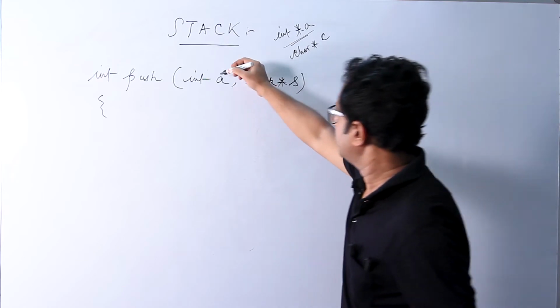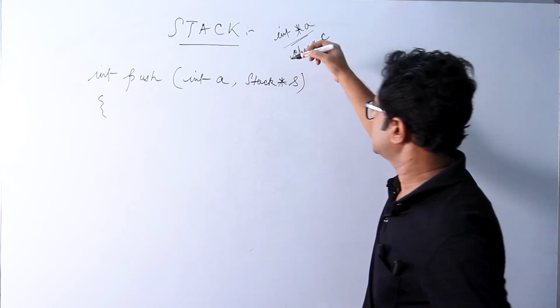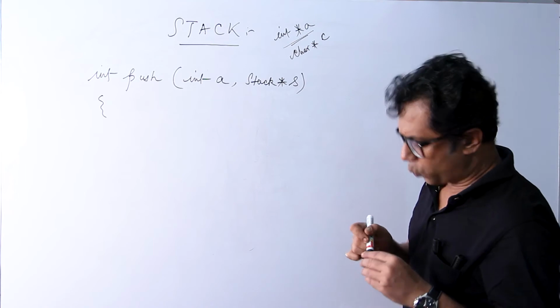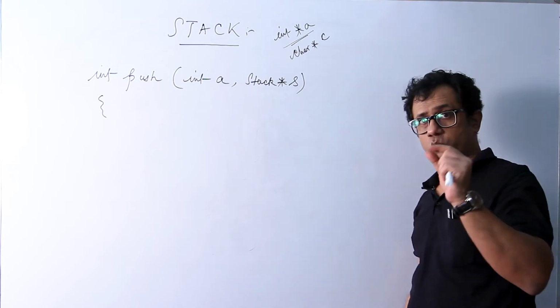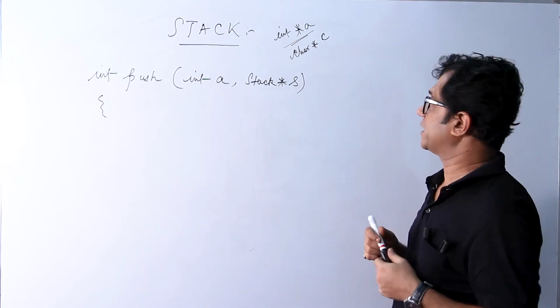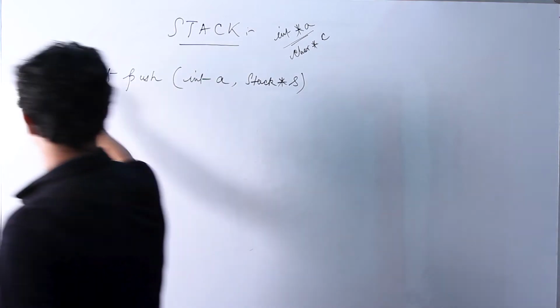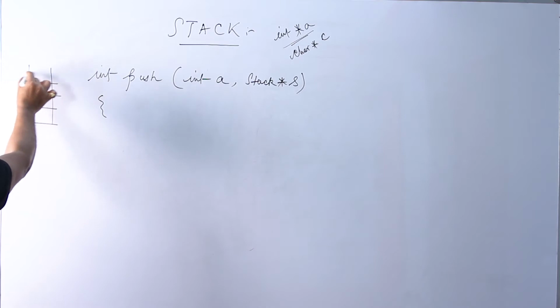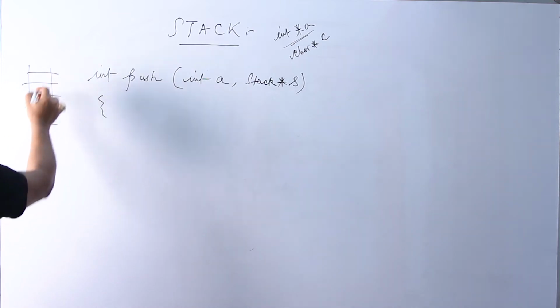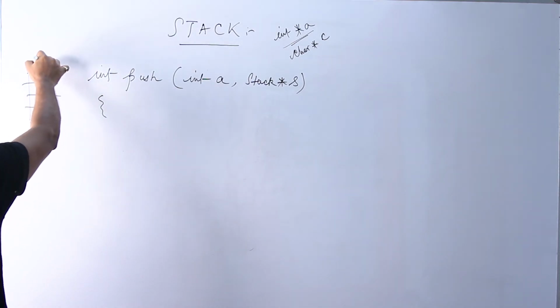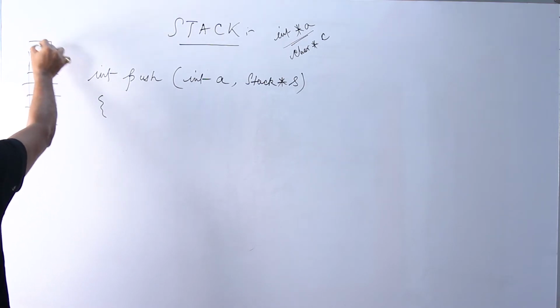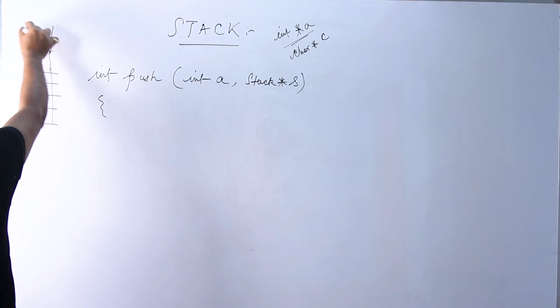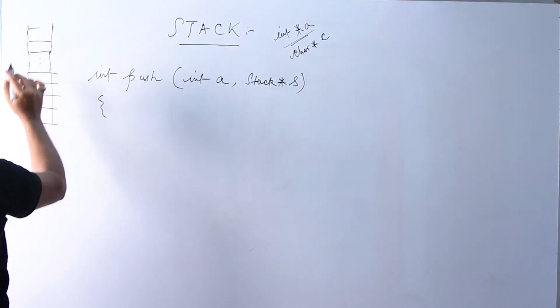So now we have taken two arguments, int a, stack *s. Now we are going to push elements in the stack. Suppose the stack is like this, and the stack may contain up to, suppose, 1000 elements.